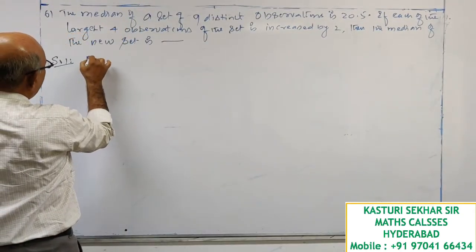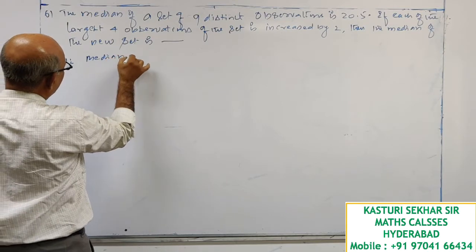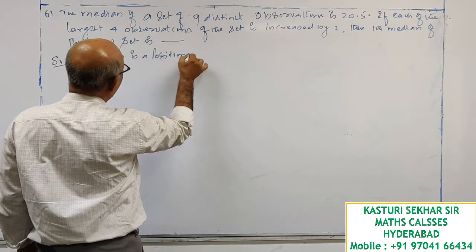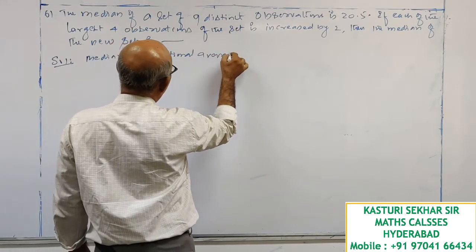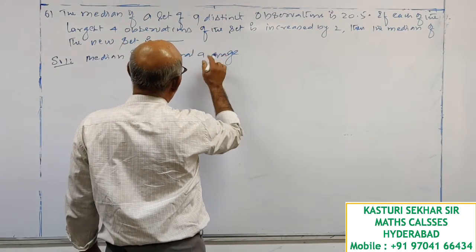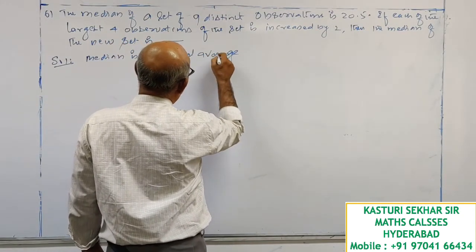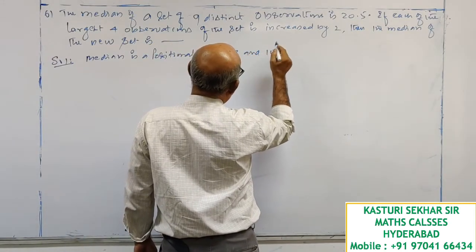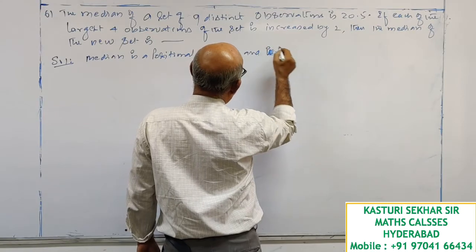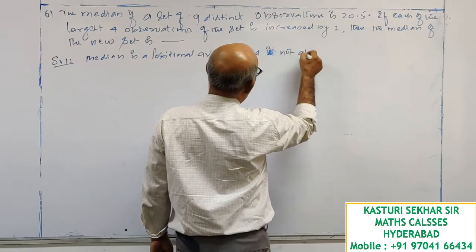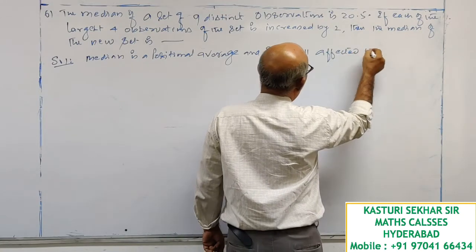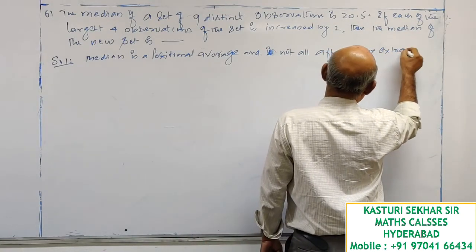Let us see. Median is a positional average and is not at all affected by extreme observations.